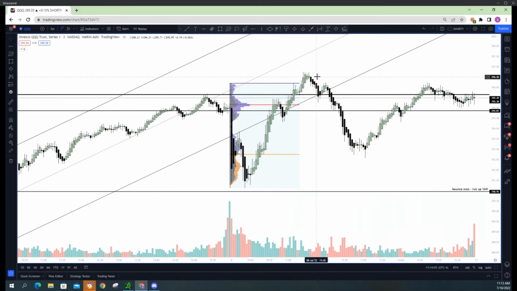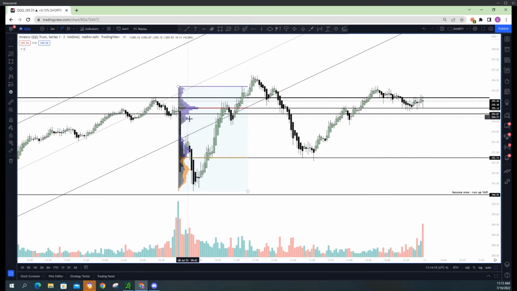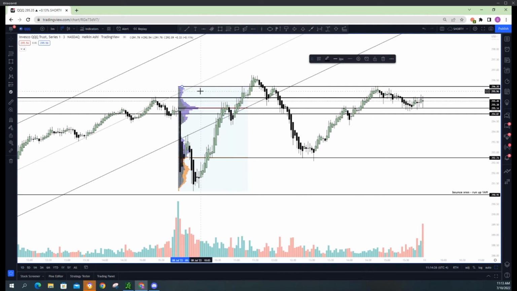Here's the cues. So the value area low was here. Here goes value area low. We broke the POC, which is a little bit different than the previous chart we looked at. The POCs are flipped. And here, we broke above the POC and drove much higher to the value area high, but it seems like we're not agreeing on the price on accumulating above the value area high.